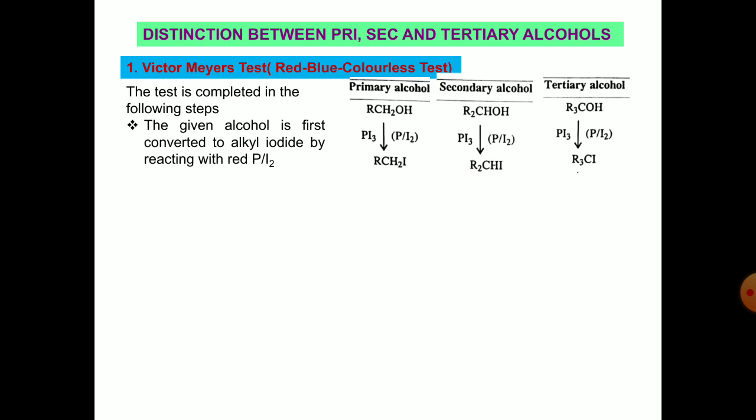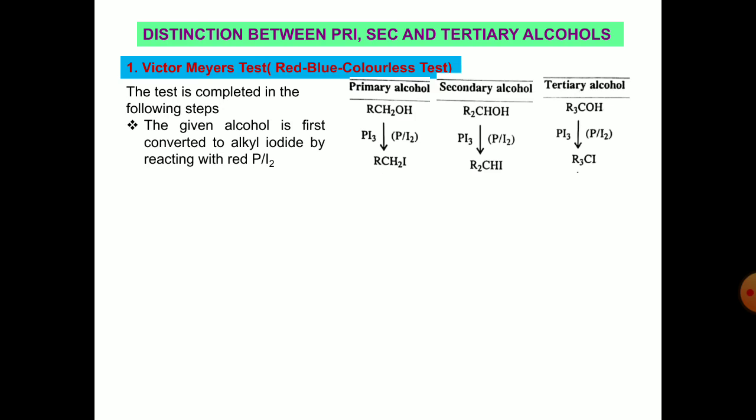I have reacted all the alcohols with red phosphorus and iodine, that means PI3. Alcohol reacts with the PI3 to give RI: RCH2I in case of a primary, R2CHI in secondary, R3CI in tertiary.